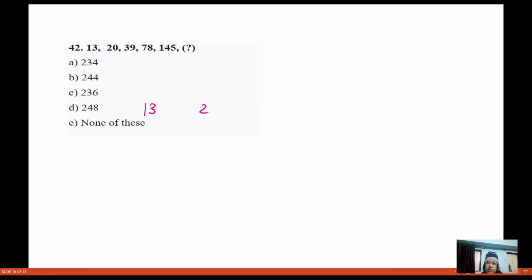Then look at this question. You have 13, 20, 39, 78, 145. This is almost becoming toys, because see what is happening. 26 minus 6, you will get 20. Then 40 minus 1 is 39.